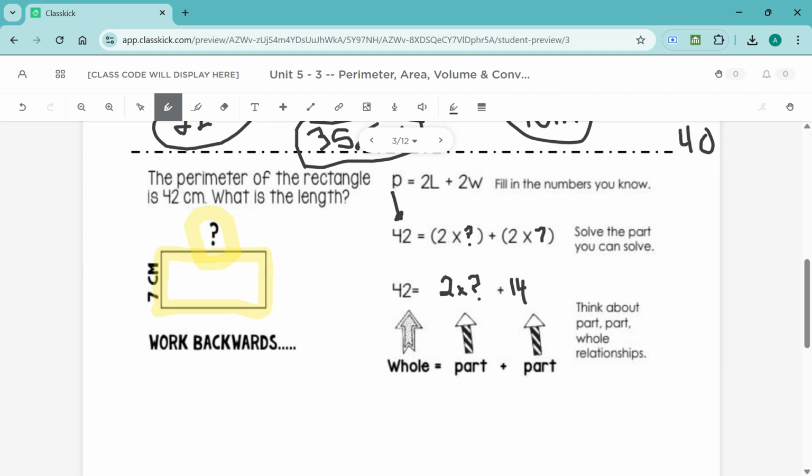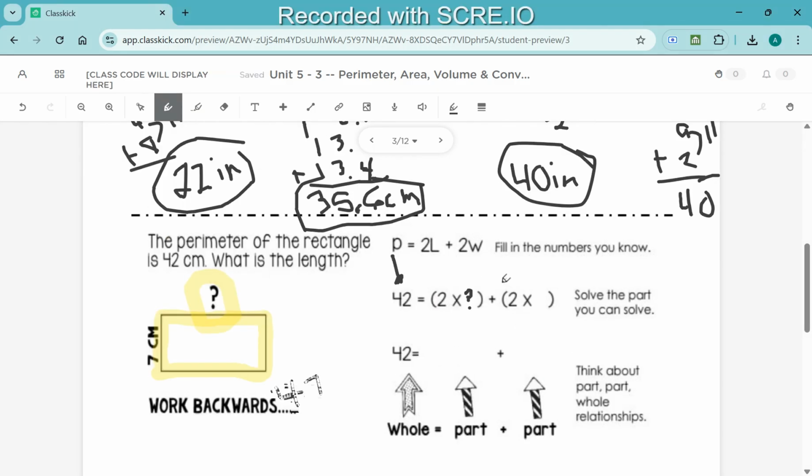I know whatever I multiply 2 times, I'm going to do 42 minus the 2 times the width, which I do know. The width is 7.